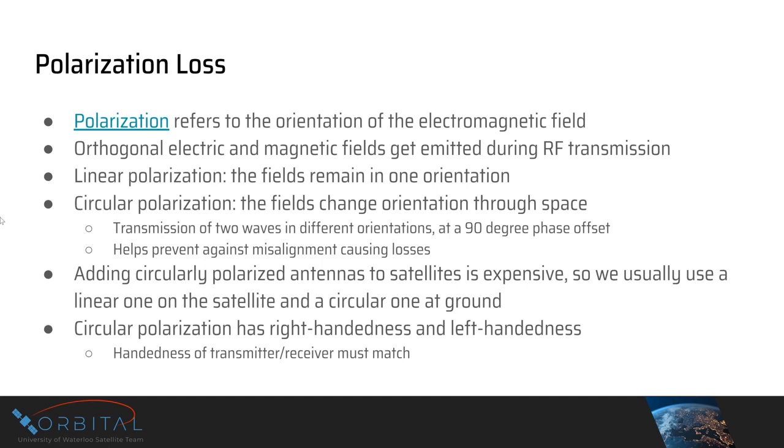And again, keep in mind that the downlink budget is a lot more important than the uplink. So we can tend to accept some losses due to polarization on an uplink. And it's a lot better to have a much nicer antenna at the ground station for the receiving end.